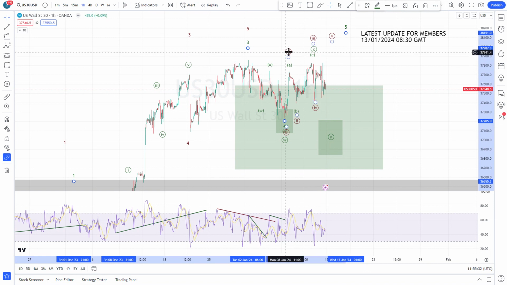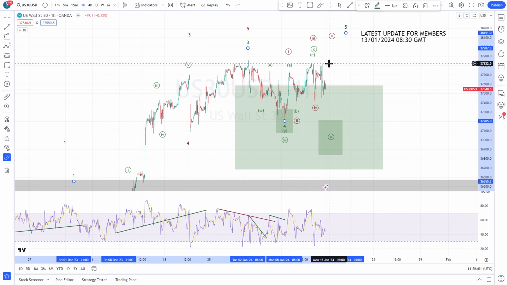So therefore, the impulsive or diagonal structure here from the wave 4 low is on my chart in red, but as secondary scenario, because of this mess right here and the mess yesterday. So on Friday, like this going down, shooting up, going down, I prefer to see this as corrective.